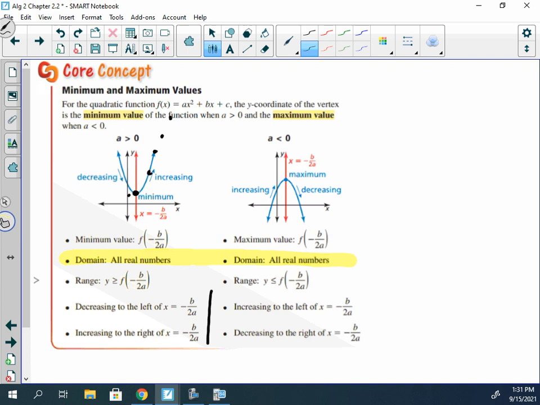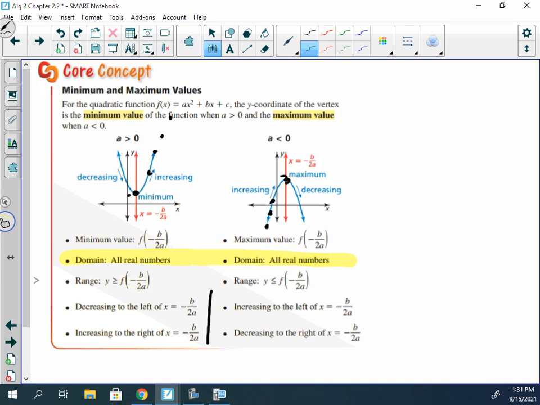The maximum value, well, kind of going down because it's opening down. There will always be a point lower on the graph than whatever point I choose because it's opening down. So it means the vertex is going to be the biggest value, the biggest spot on the graph, because all other points are less than it.